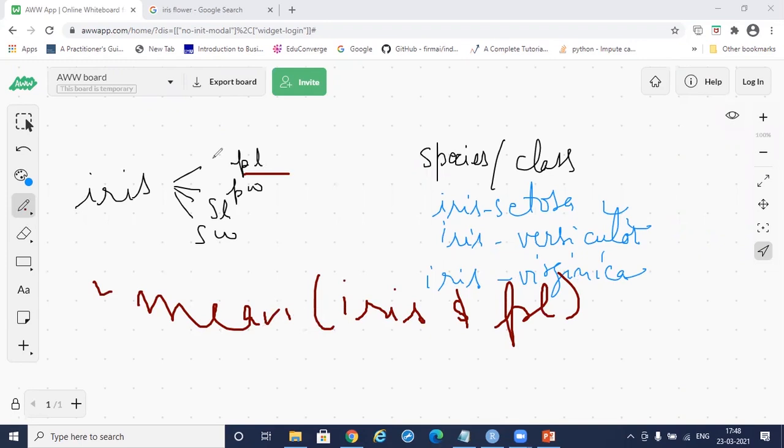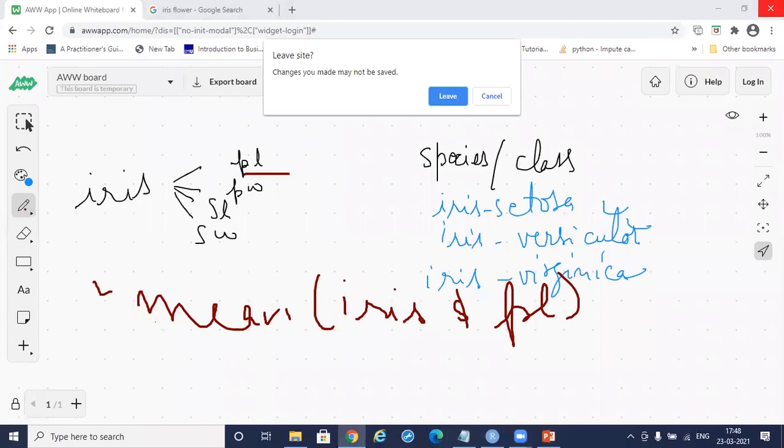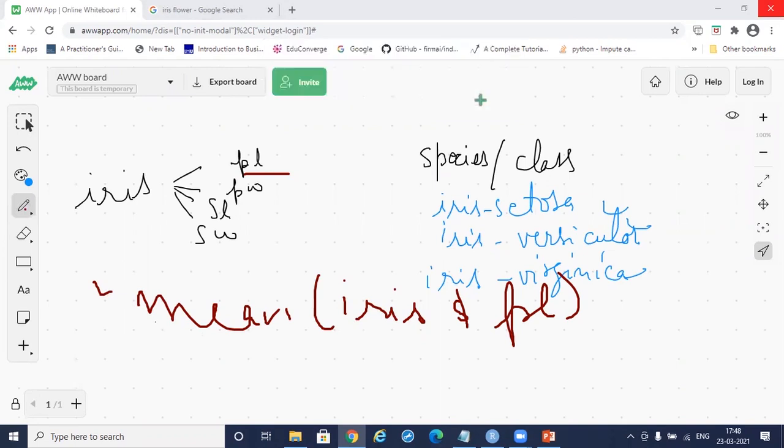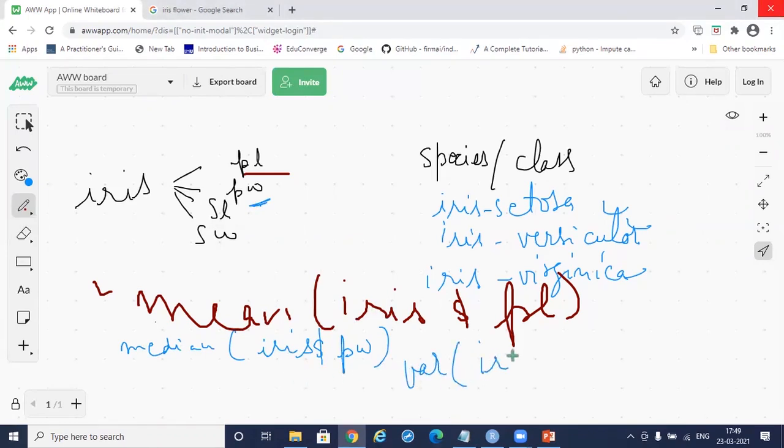Or I want to find out the median of iris$Petal.Width. I can take any column name here. Suppose I want to find out the variance of iris$Sepal.Width. One can find it out in this way.